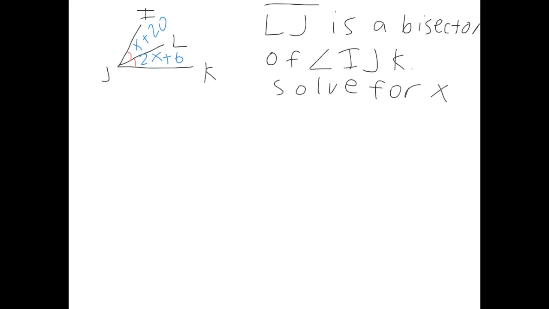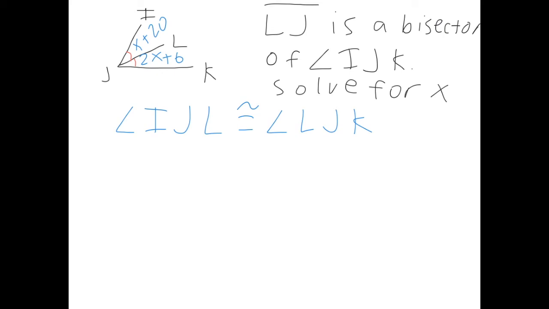So it doesn't just work with segment bisectors, it works with angle bisectors too. So in this case, we have segment LJ is a bisector of angle IJK. So that means angle IJL is equal or congruent to, as we say in geometry, angle LJK.